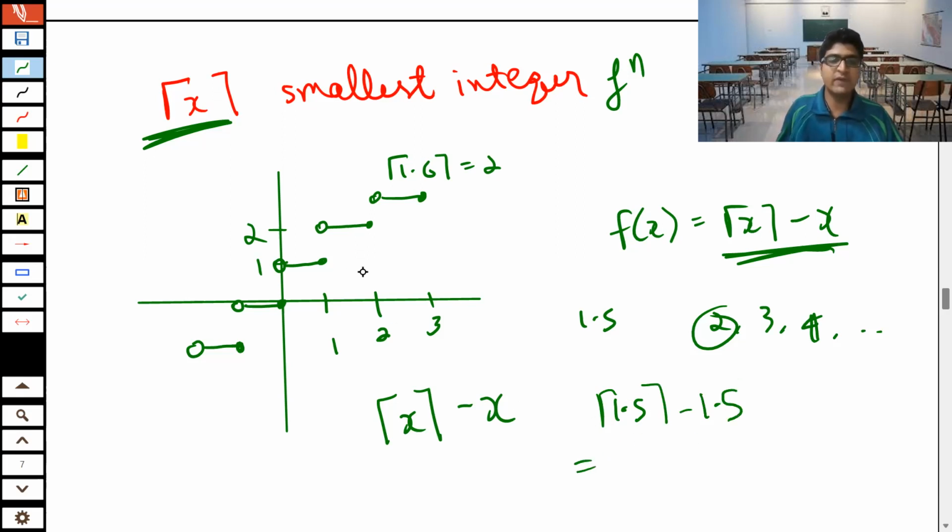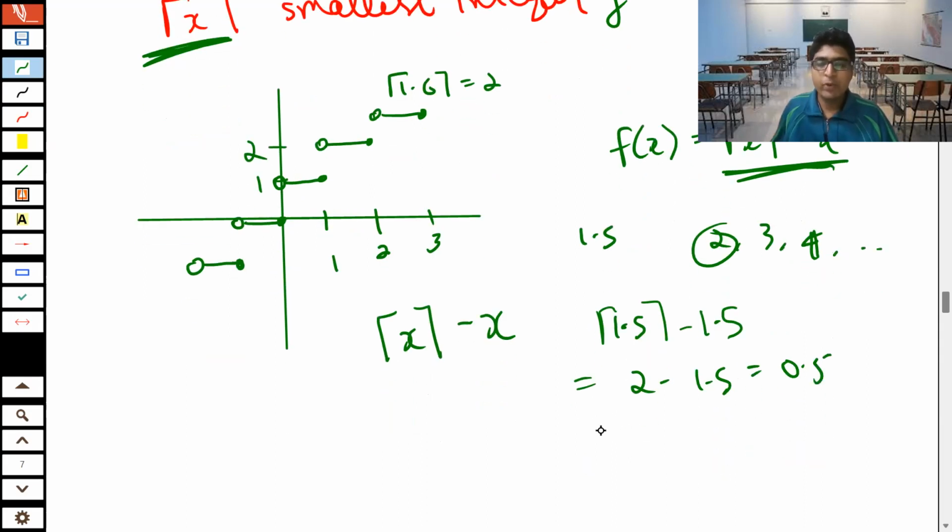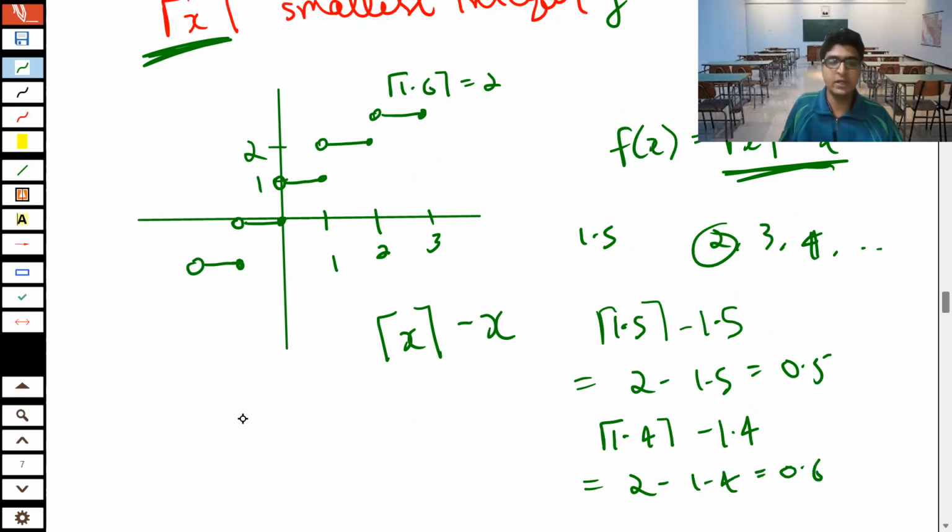So it will take value 2 minus 1.5, which is equal to 0.5. Okay. What about 1.4? So it will be 2 minus 1.4, which is equal to 0.6. All right. What about 1.6? So it will be 2 minus 1.6, which is equal to 0.4.